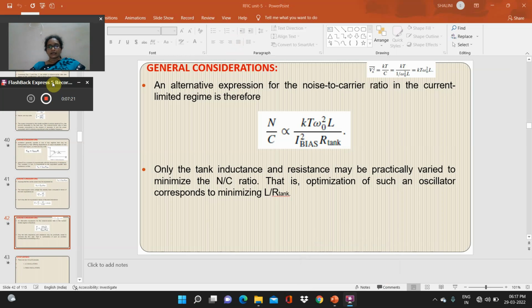Only the tank inductance and resistance may be practically varied to minimize the N by C ratio. That is, optimization of such an oscillator corresponds to minimizing L by R tank.